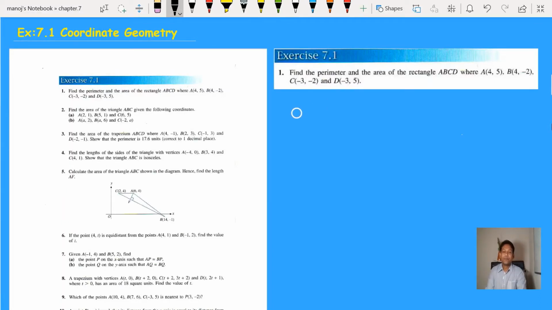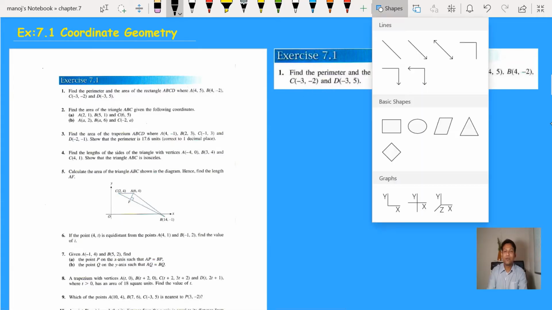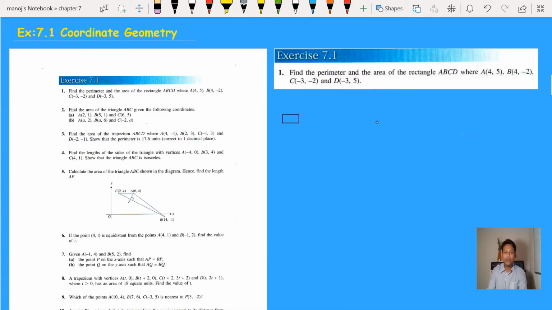Okay, let's start. Find the perimeter and the area of the rectangle ABCD when A, B, C, and D are given. Remember, A, B, C, D, we have to move clockwise or anti-clockwise.